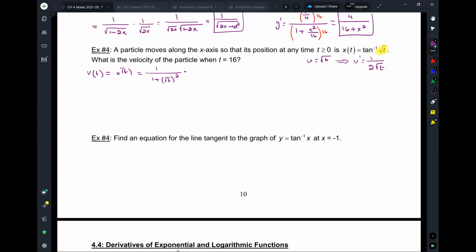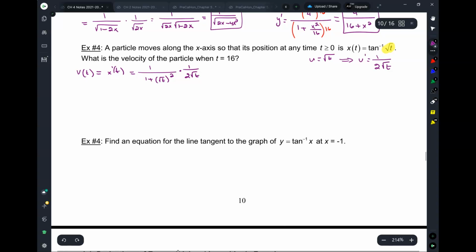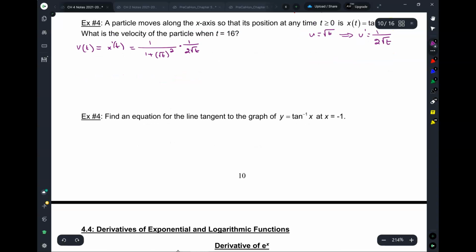You can do the process, t to the half, bring the half down, blah, blah, blah. You're always going to end up with that. So after a point, students see the pattern, and if you can remember it, you could just use it. If you still want to go through the process, please do. Okay? Now, because this is an intermediate step, I still have to plug in the 16. I don't have to simplify it anymore, right?